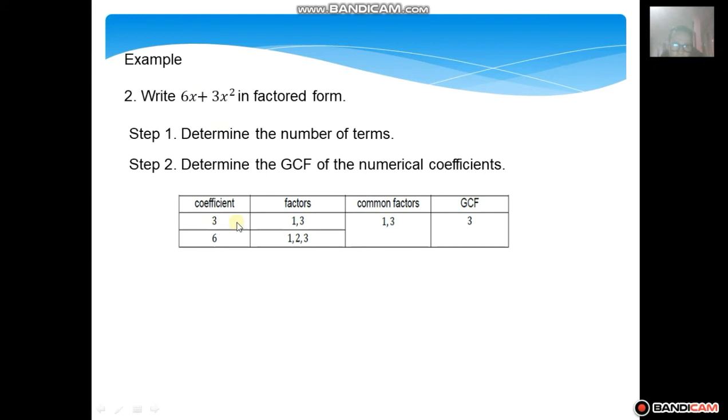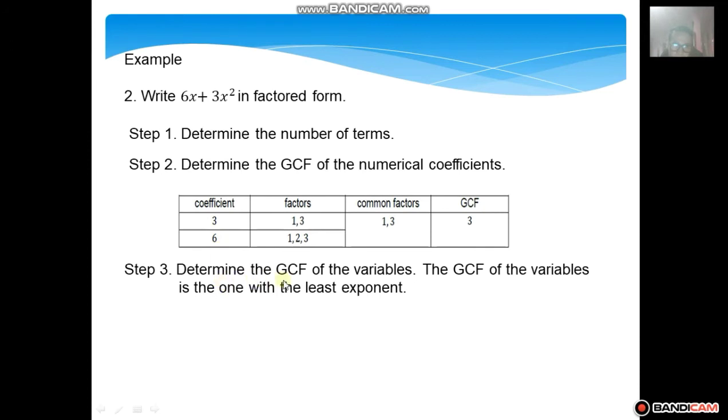The factors of 3 are 1 and 3. Then the factors of 6 are 1, 2, 3. Then we will determine the common factors. We have 1 and we have 3. Since it is the greatest common factor, we will choose 3. So therefore, 3 is the GCF of the numerical coefficients 3 and 6.